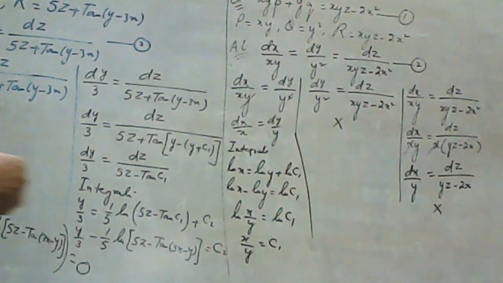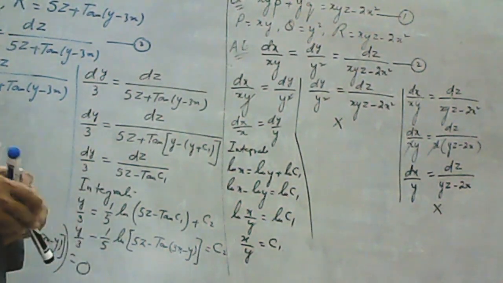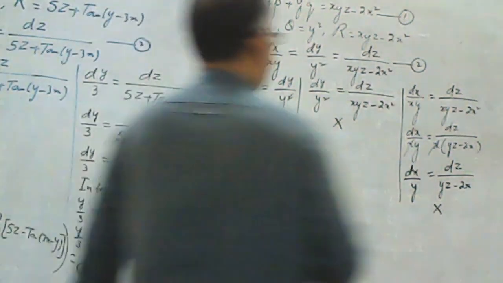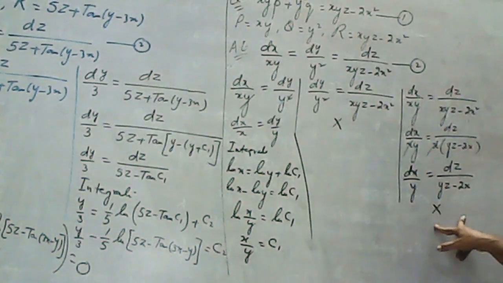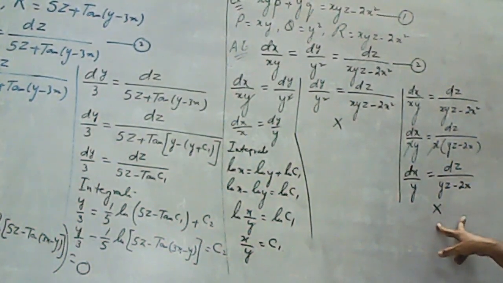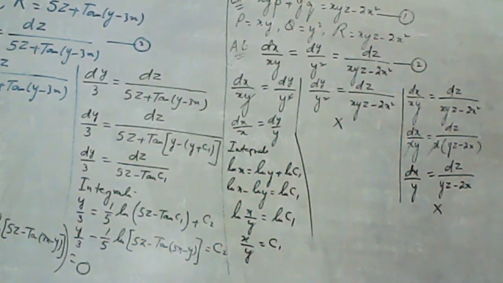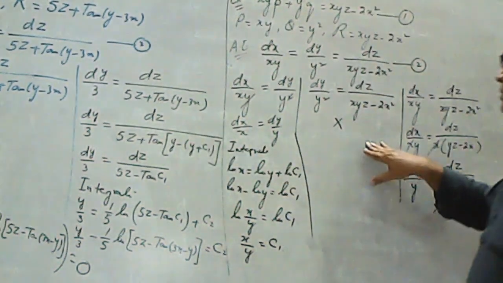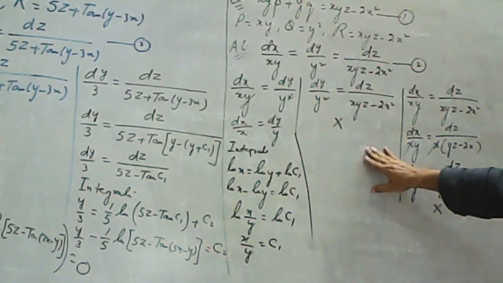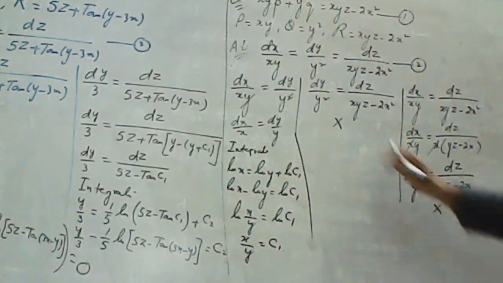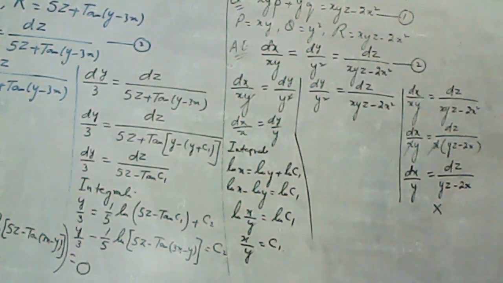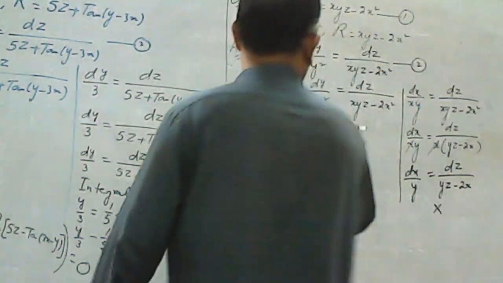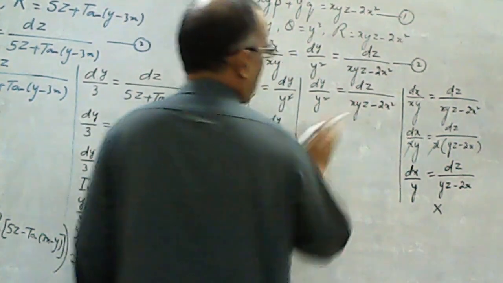Now you need to decide which pair you want to solve, this pair or this pair. It is up to you. Whatever you decide, it is possible for you to do. In the previous example I solved this one, so in this example let us try to solve this pair. In this one, which term is not required?